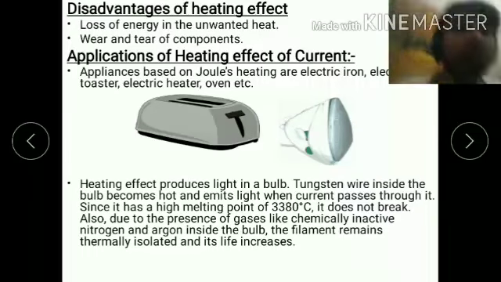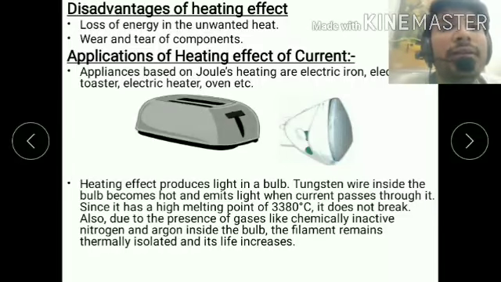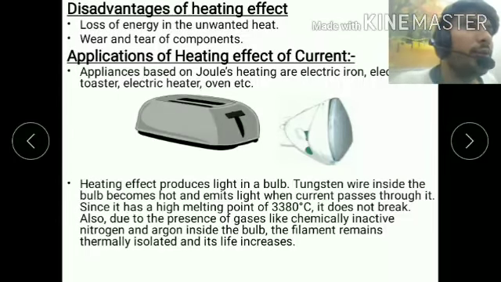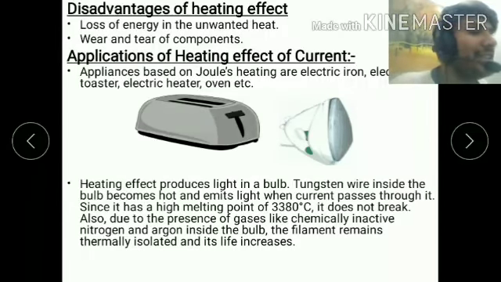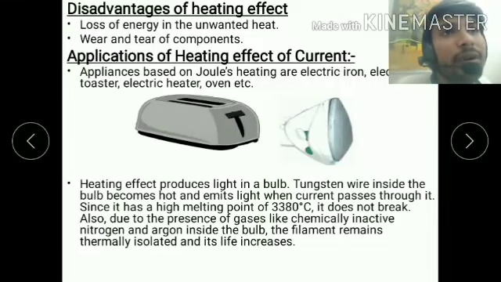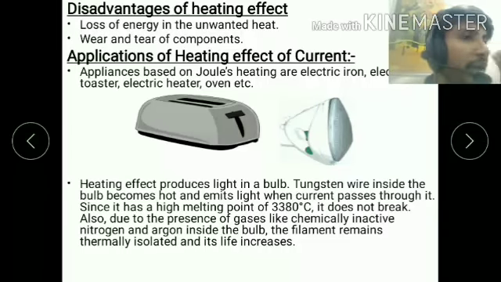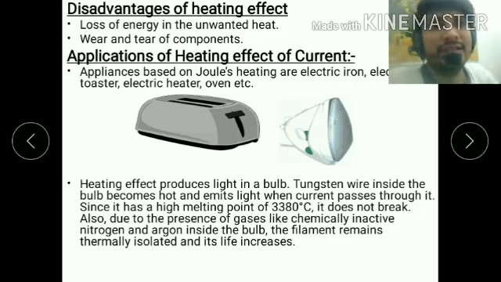What is the advantage and what is the disadvantage of the heating effect? Disadvantage: loss of energy. When you flow current in a wire, the wire starts to heat. That is called the heating effect of current. As resistance increases, the heating effect of current also increases, because it is directly proportional to resistance. Loss of energy as unwanted heat.